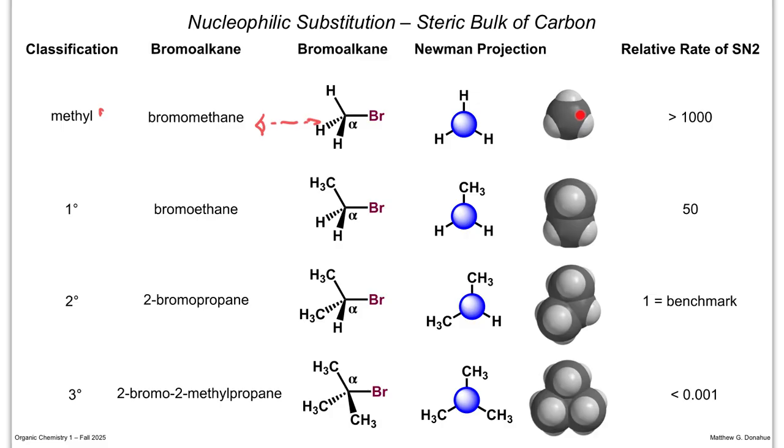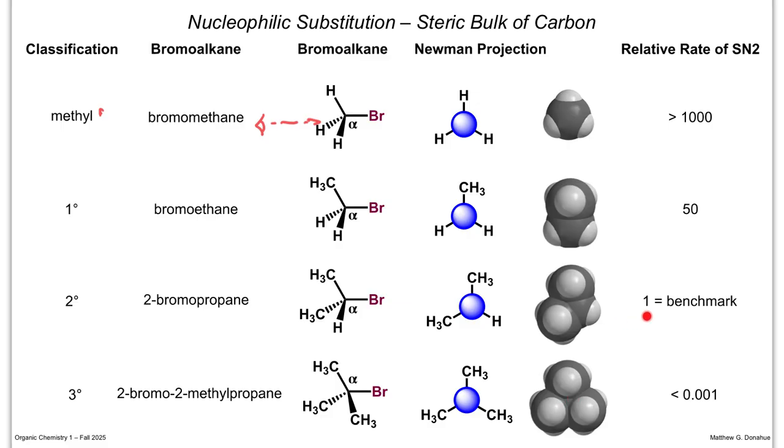And this column here is showing you the surface area of that carbon that's available, conceptually meaning the anti-bonding orbital that's free. So we have 3 hydrogens, so you can see a lot of that gray area. But as we start substituting for other carbons, notice that surface area decreases, and by the time you get to tertiary, you can barely see it.